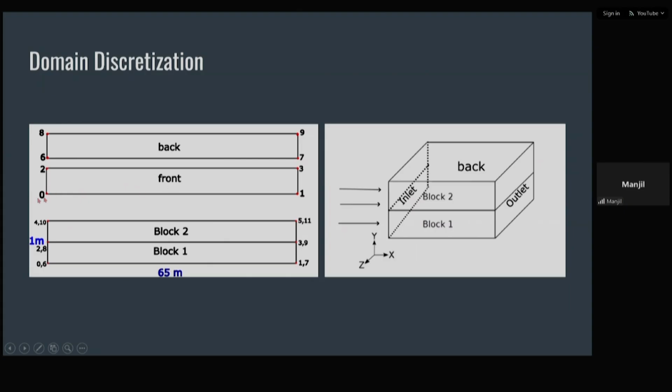In the front face we have 0, 1, 2, 3. I have named this coordinate as 0, this coordinate as 1, this coordinate as 2, and this coordinate as 3.